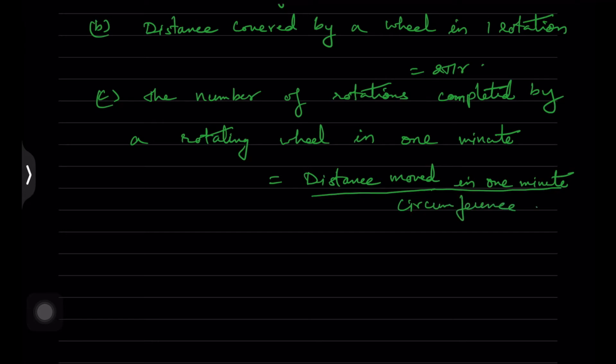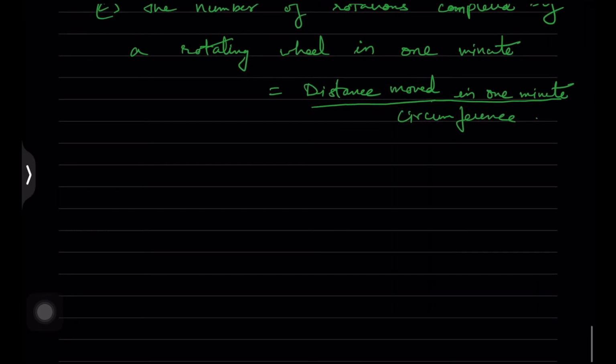So the distance moved in 1 minute divided by the circumference will give you the number of rotations completed by a rotating wheel in 1 minute.